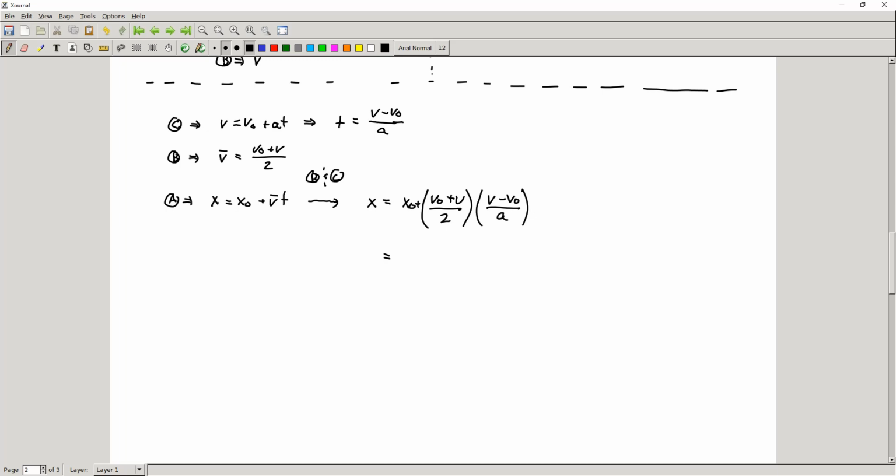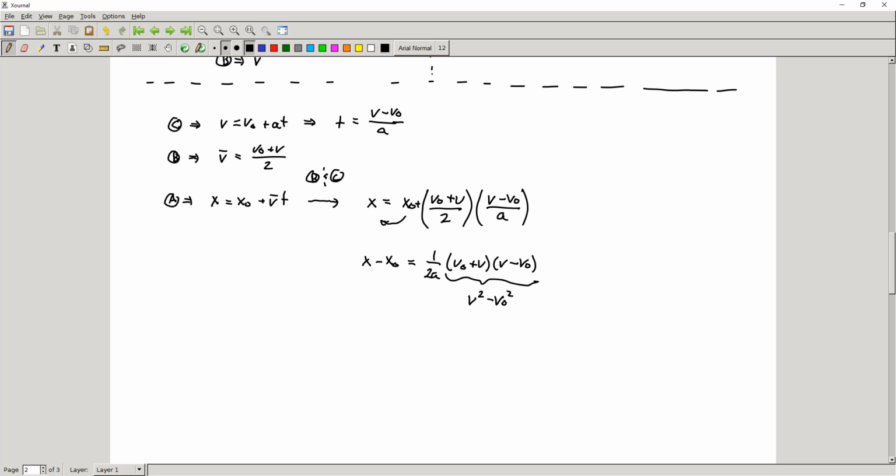So what I'm going to do here first is erase this and move this x naught over. So we're going to end up with x naught on the left hand side in this way, and then I can rewrite this by just pulling the 2 and the A out of the basement here. We're going to end up with a 2A on the outside, V naught plus V, V minus V naught, right? If we multiply out these brackets, we find that we end up with V squared minus V naught squared.